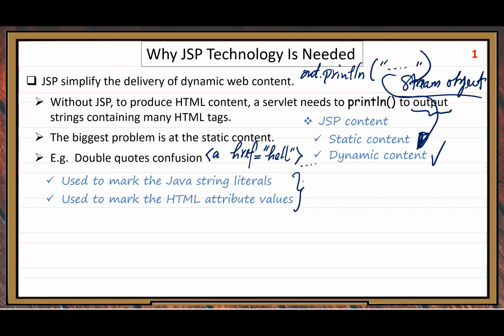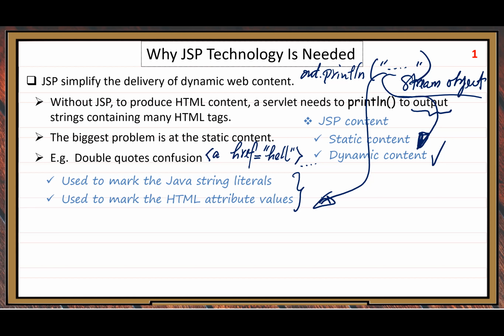Then think about our println. We use double quotes for two different meanings: one case for Java string literals, another case for HTML href values.